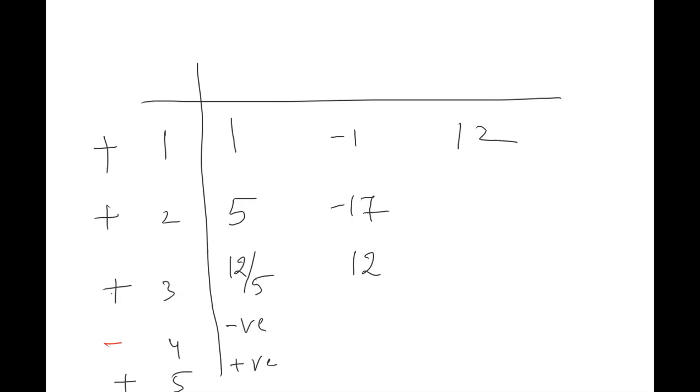So plus to plus is 0 sign changes. Plus to plus is 0. Plus to minus is 1. Minus to plus is 1. Whatever I am doing, you have to do the same way.